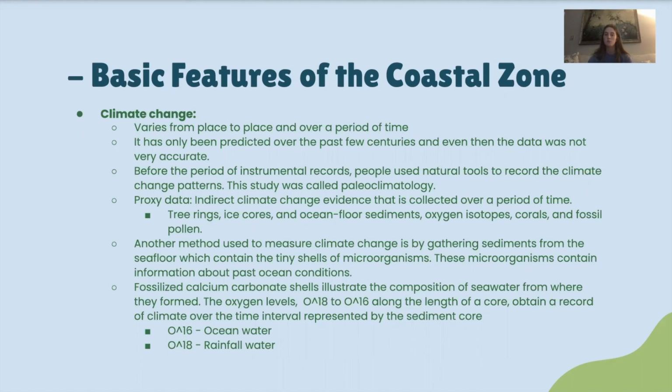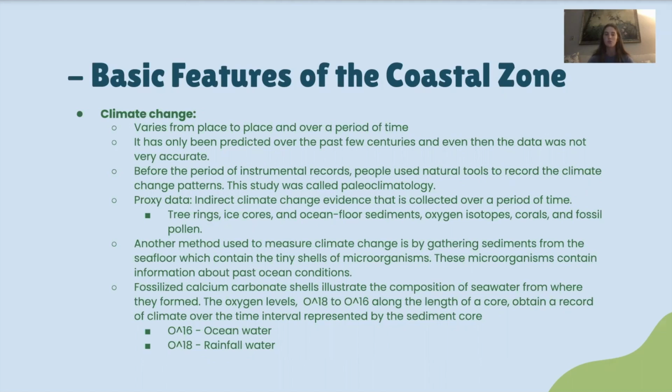Before the instrumental tools that we use today, people used natural tools to record climate change patterns. This study was called paleoclimatology. Proxy data is indirect climate change evidence that is collected over a period of time. So basically what I was saying earlier about measuring climate change before the tools were used, that's what proxy data is.